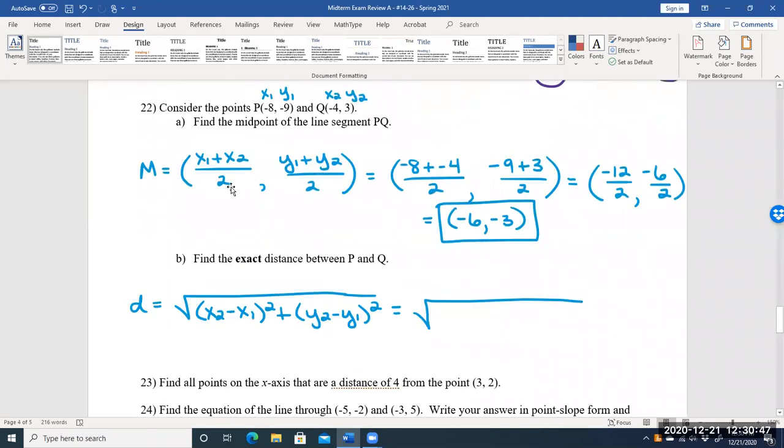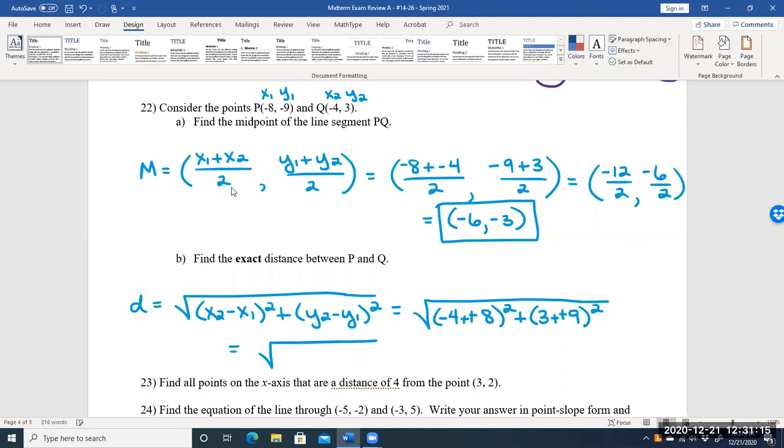Let me scroll up so we can see them. All right, so we have -4 minus -8. I'm going to square that. This is all under the square root. And then we'll have 3 minus -9 squared. When we're subtracting and what follows is a negative, we can do a plus, plus. So we'll go ahead and do that.